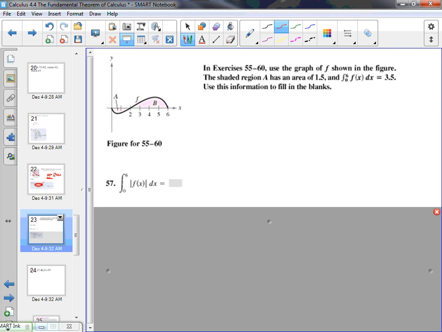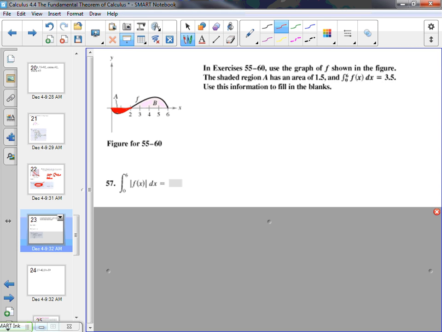And the integral from 0 to 6 of f of x dx equals 3.5. Now, before we do number 57 specifically, let's do a little thinking here. The area of region A, here's region A. I may do more thinking than is required for this problem, but you've got a few other problems for this graph to work, so bear with me.